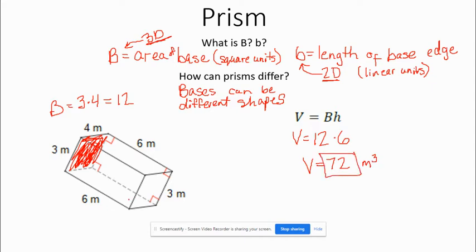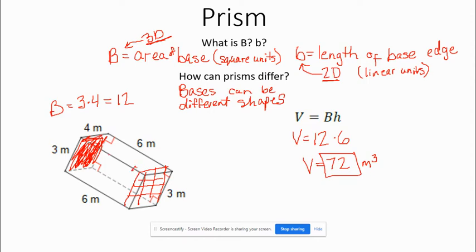The only thing you're going to put in the computer is 72. Now, I will try to put in Classroom some videos to show you this, but the reason this works, and I'm going to draw a really hideous little sketch here, is that when we find the area of the base, we're figuring out how many square cubes would fit inside the base of the figure. Then when we multiply it by the height, we're figuring out how many layers tall it could be.